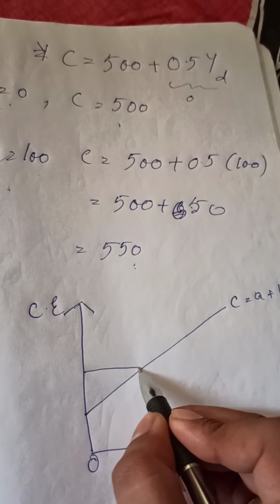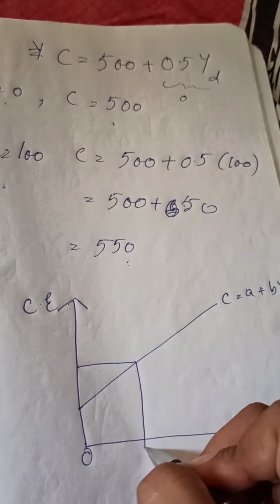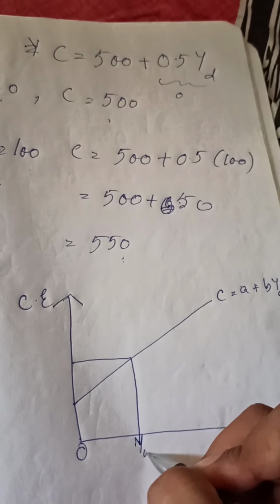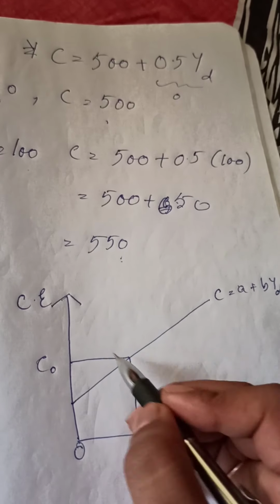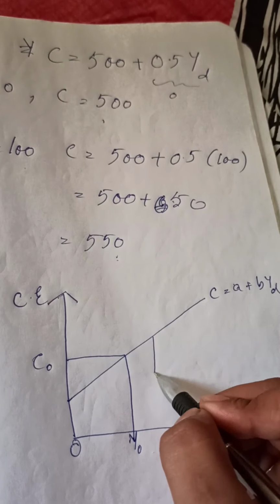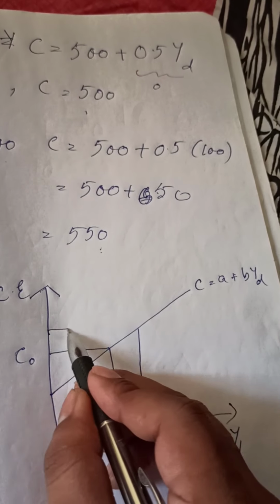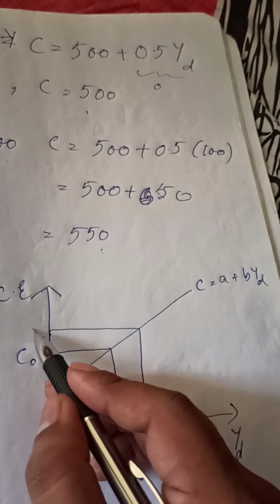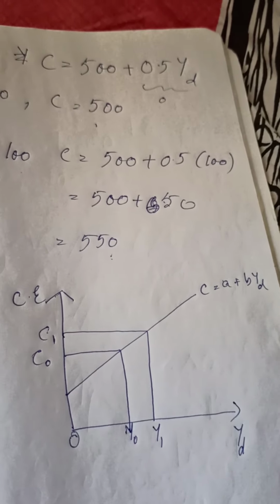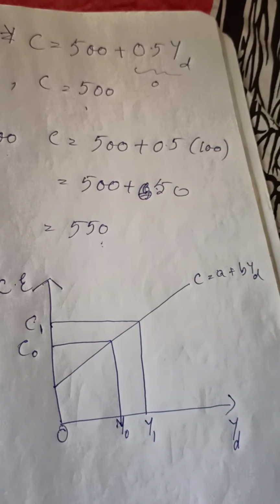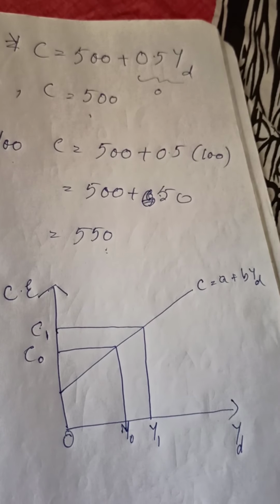if your income is say Y0, your consumption would be C0. If your income increases to Y1, your consumption will increase to C1. So Y0 and C0 are related, and Y1 and C1 are related.